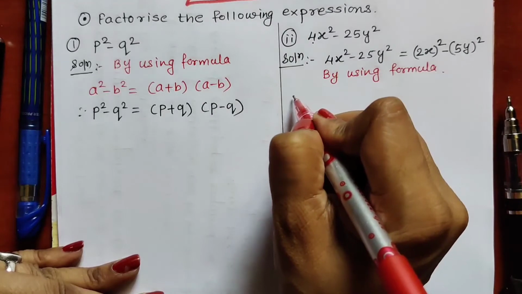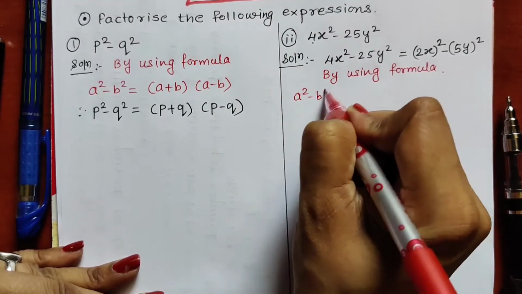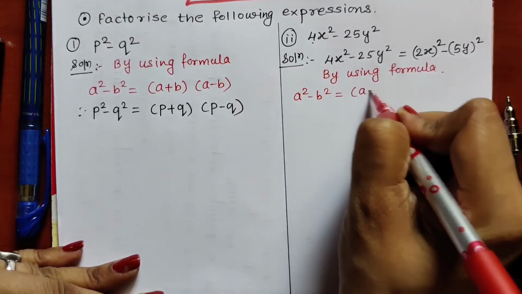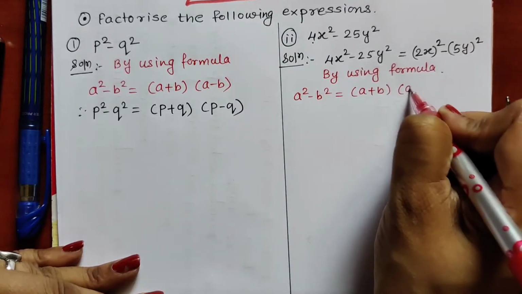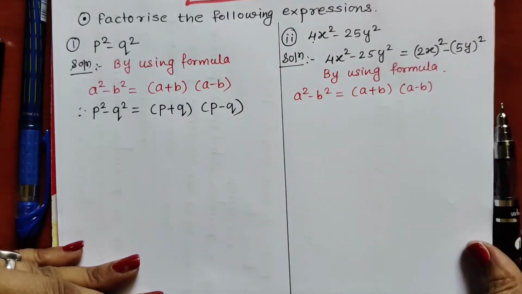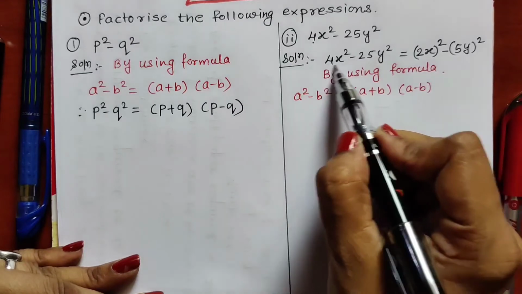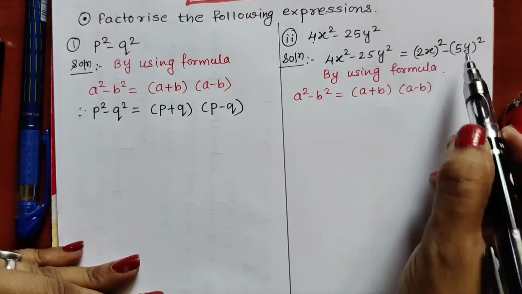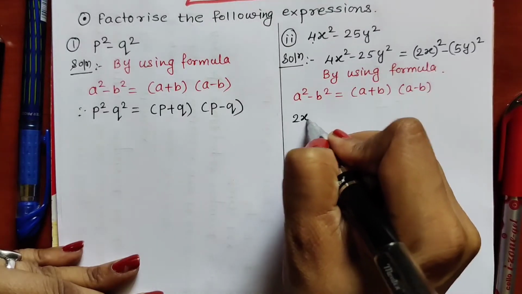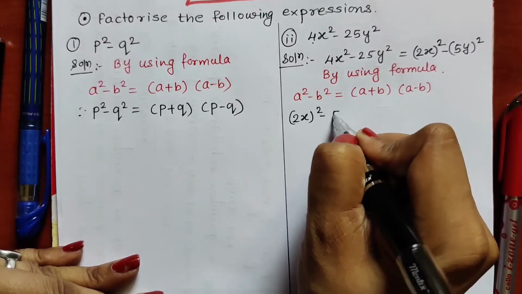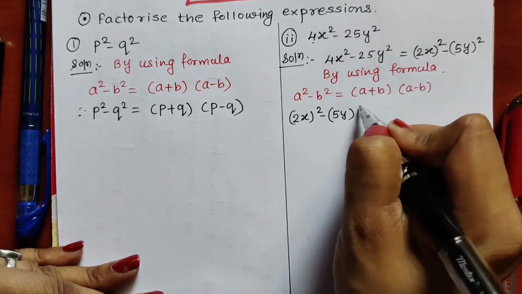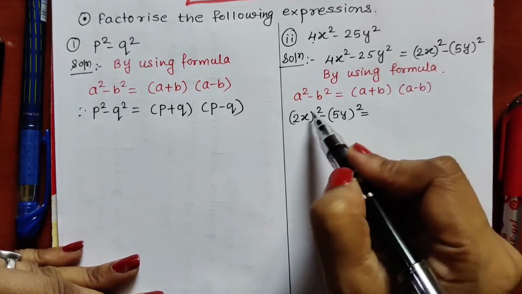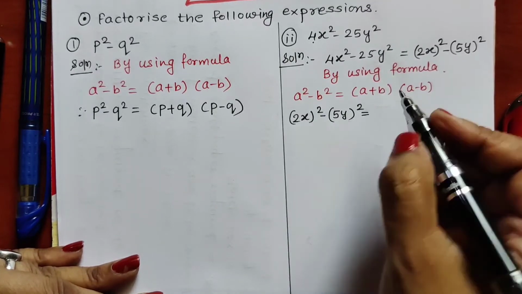Use the formula: a square minus b square is equal to (a plus b) in the first bracket, (a minus b) in the second bracket. Now we will write our question. While writing the question, we should not write the original, we will write this conversion which we have made here. So we write (2x) whole square minus (5y) whole square. Now the first term a is 2x and the second term b is 5y.